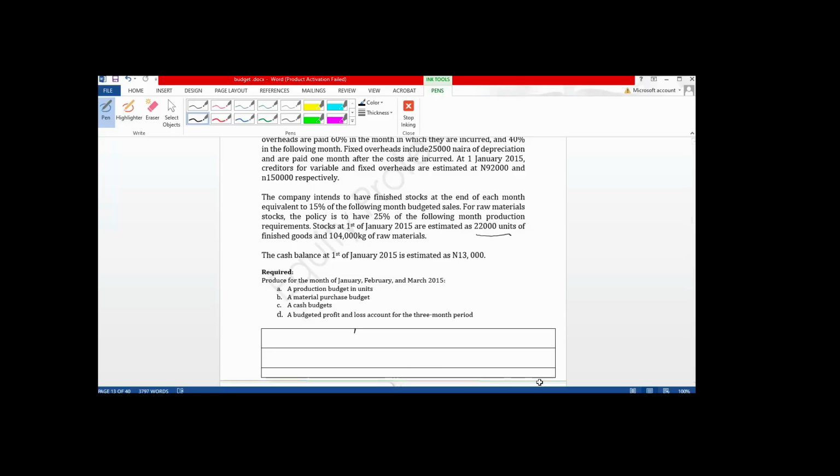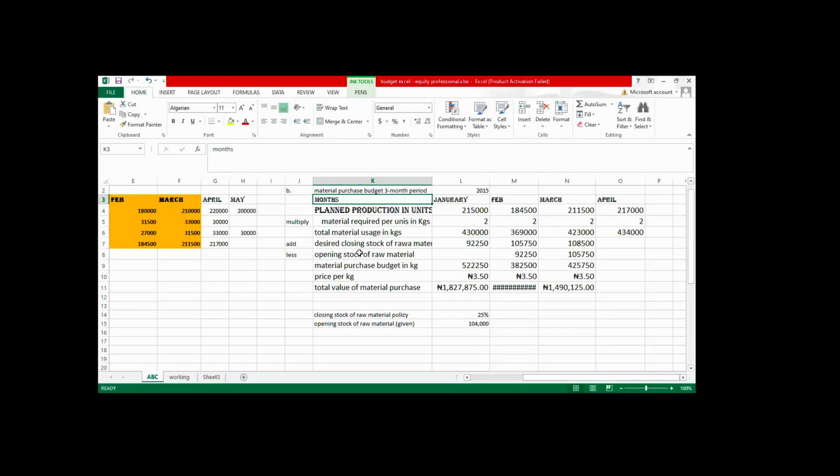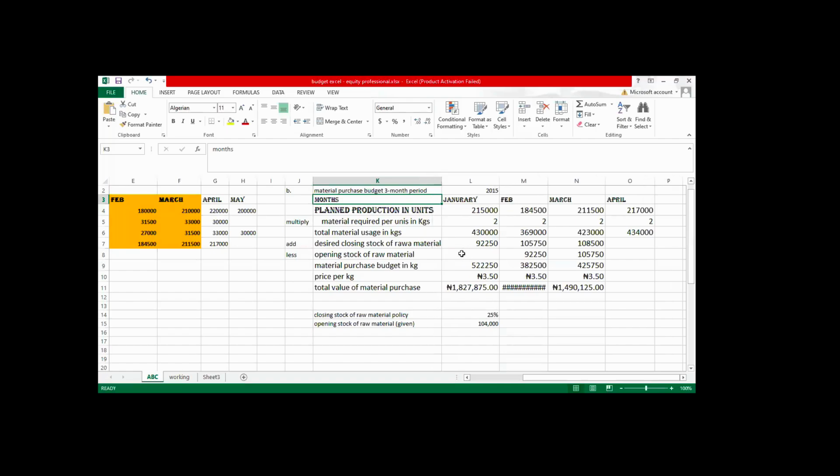Go back to the Excel. Closing stock of raw material. If I want to get January, I will compute 25% of the following month's material required. The following month after January is February. Total material required for February is 369,000 kg.